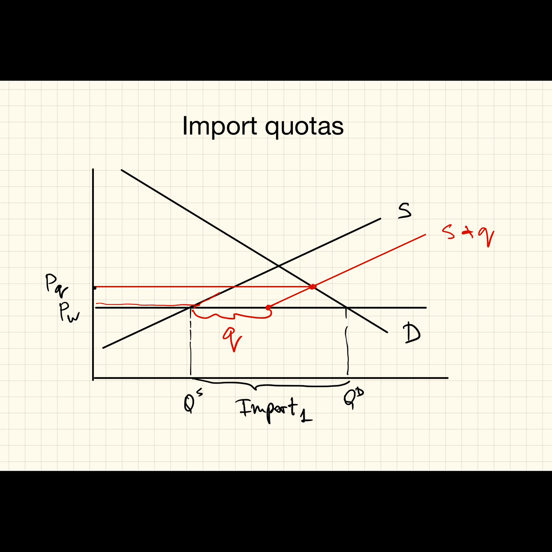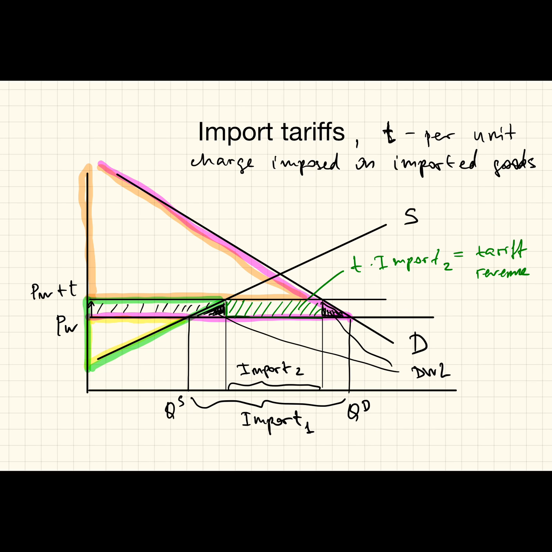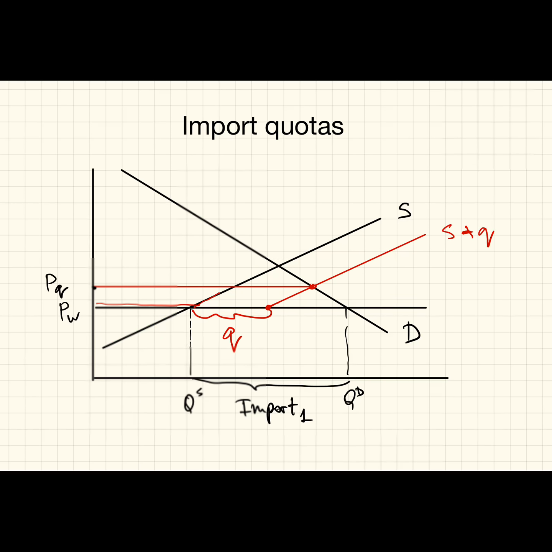So price goes up, and that means that consumers are going to lose, producers are going to gain, and we can see some exchange of surpluses, and we also can notice some other things. In particular, we're going to see deadweight losses, and also we'll need to figure out the meaning of this area.